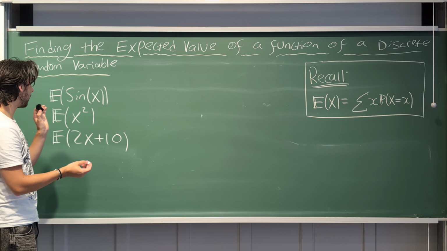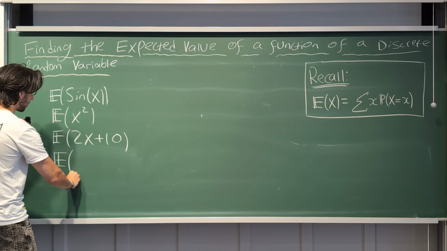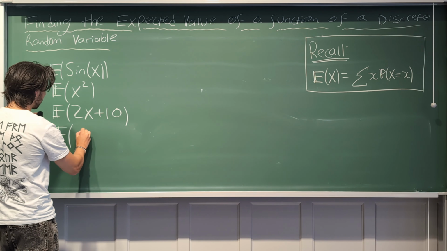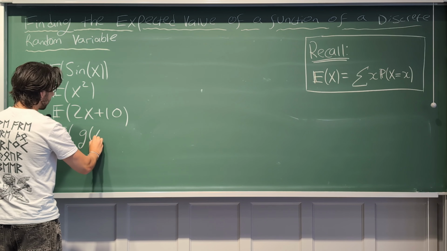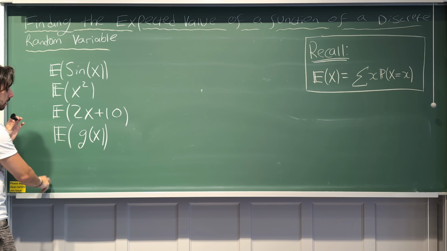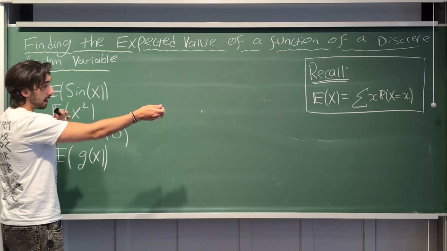So in the most general case, we're looking at the expected value of a function of X, and I'm going to call that function g of x because that's pretty common notation. It's very simple the way that we do it. We just use the same formula as before.